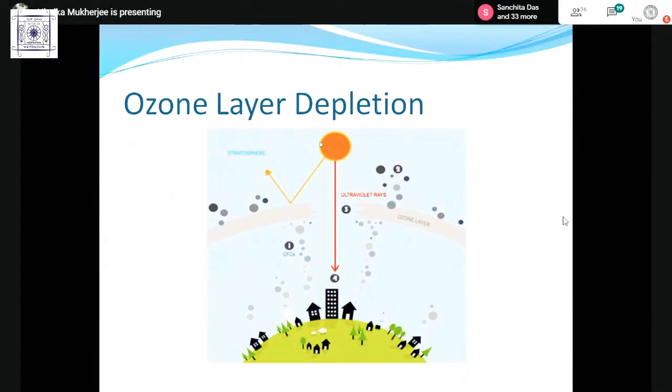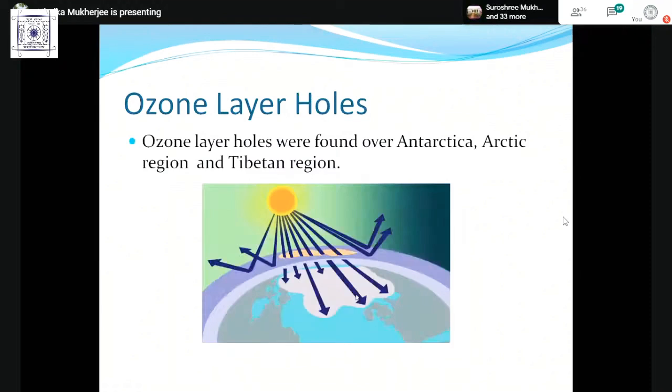So what is ozone layer depletion? Ozone layer depletion is the thinning of the ozone layer, due to which the sun's harmful rays will enter the Earth's surface and help in the destruction of all living beings, organisms, and whatever is there on the Earth's surface.